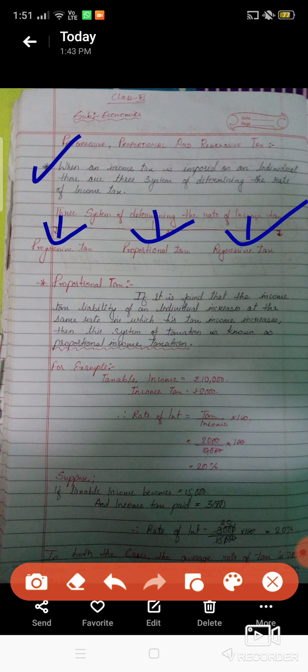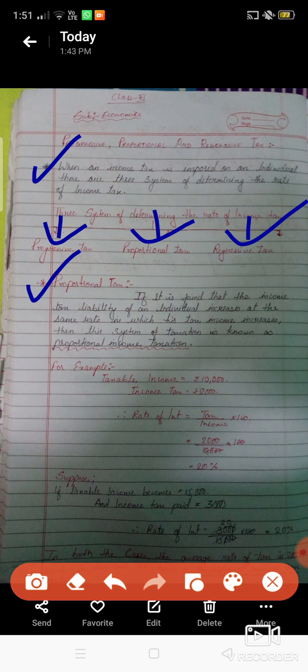First, proportional tax. If it is found that the income tax liability of an individual increases at the same rate at which their income increases, then this system of taxation is known as proportional income taxation.